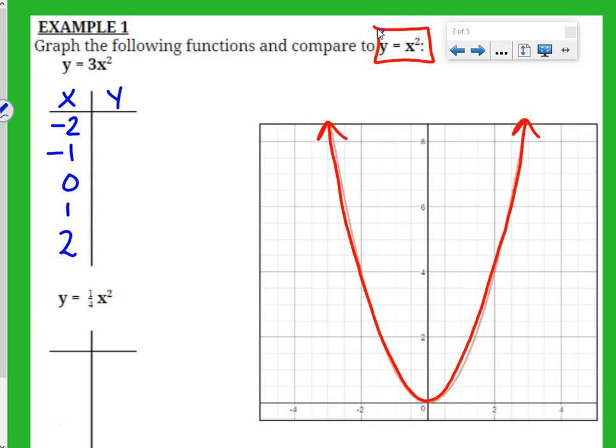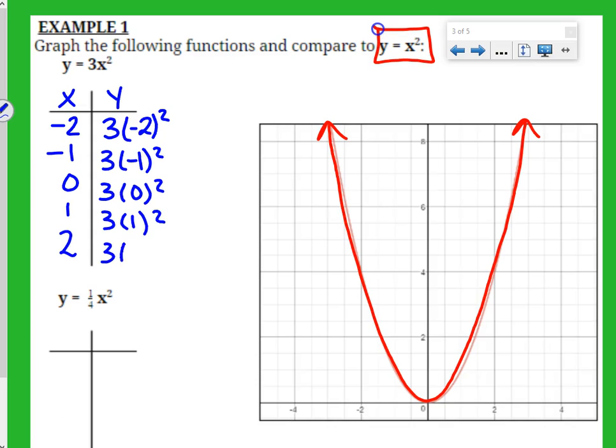Then we just plug them into our function to solve for y. So y equals 3 times x squared, just replacing the x with our values for now. We can evaluate exponents first by PEMDAS. So -2 squared would be 4 times 3 would be 12.